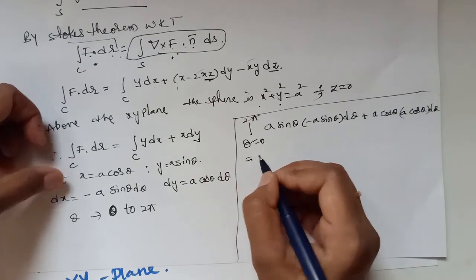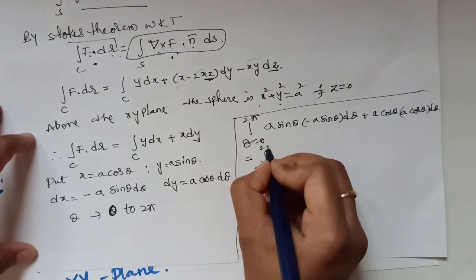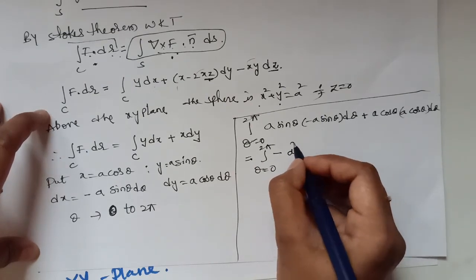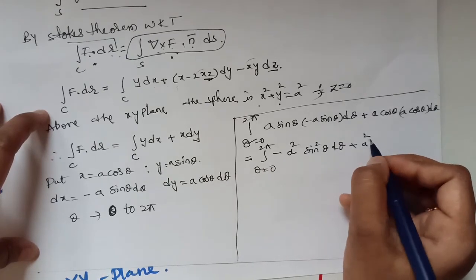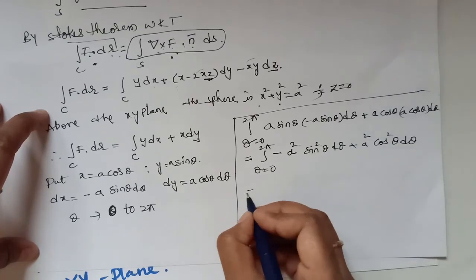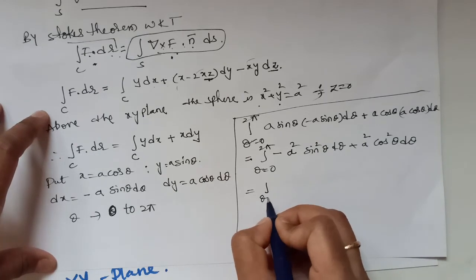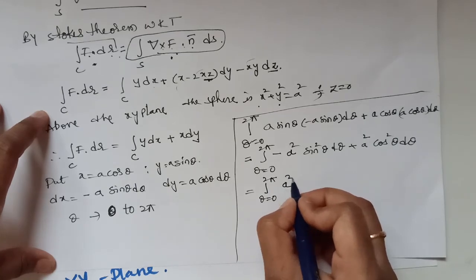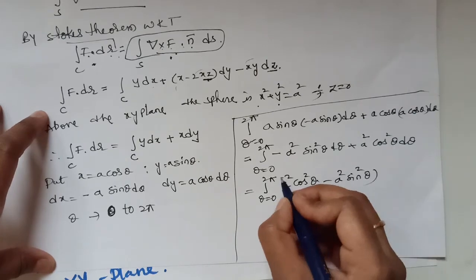This is equal to integral theta from 0 to 2 pi of minus a square sin square theta d theta plus a square cos square theta d theta. This is equal to the integral from 0 to 2 pi of a square cos square theta minus a square sin square theta d theta.